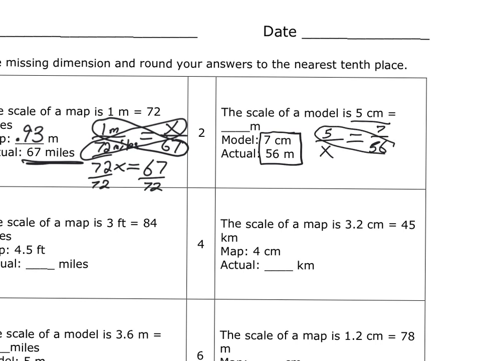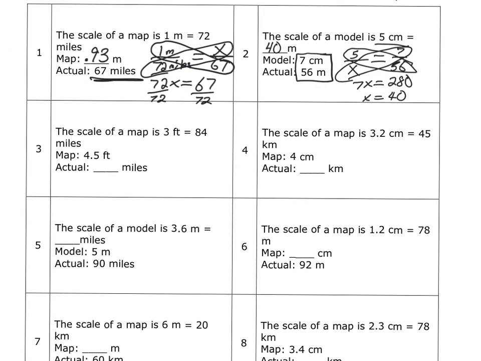Cross multiply. So we have 7x is equal to 56 times 5, which is 280. And that means that when we divide by 7, x is equal to 40. So our scale is 5 centimeters to 40 meters.